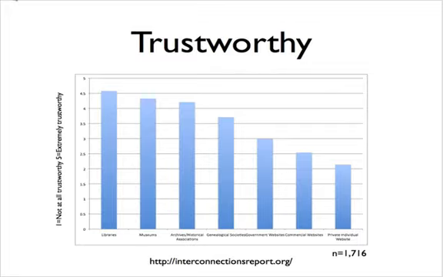And so they've asked things like, between a library website, a museum website, Archives, Historical Association, Geographical Society, government websites, commercial websites, and private industry. By and large, they found libraries to be the most extremely trustworthy source. So we know that if people ask librarians, they're going to trust what they get.